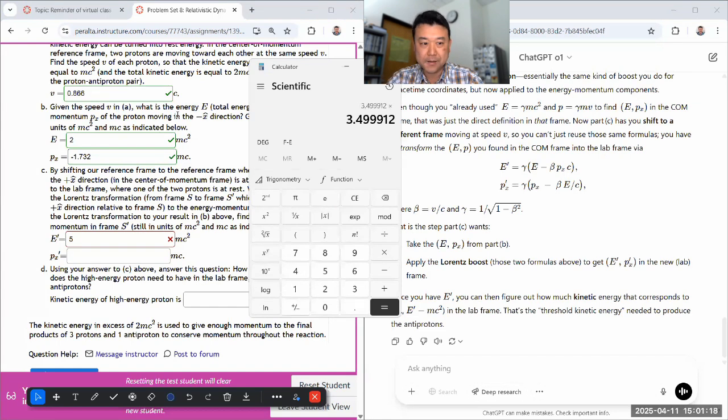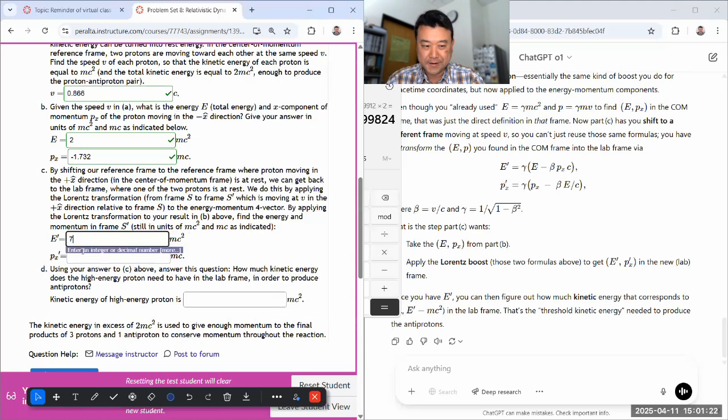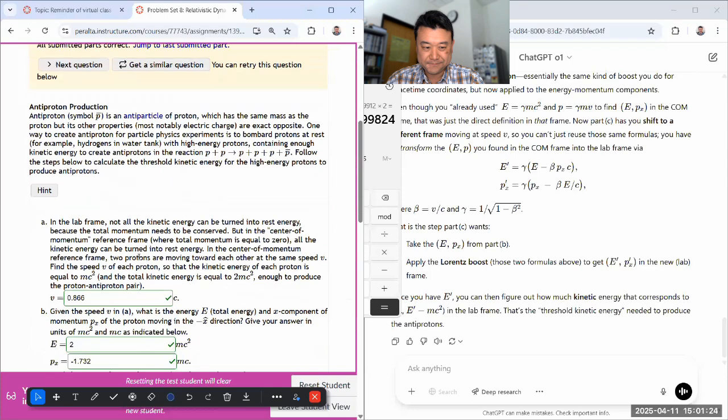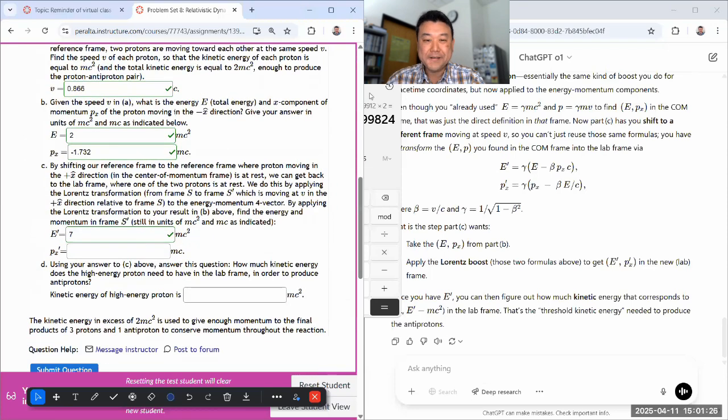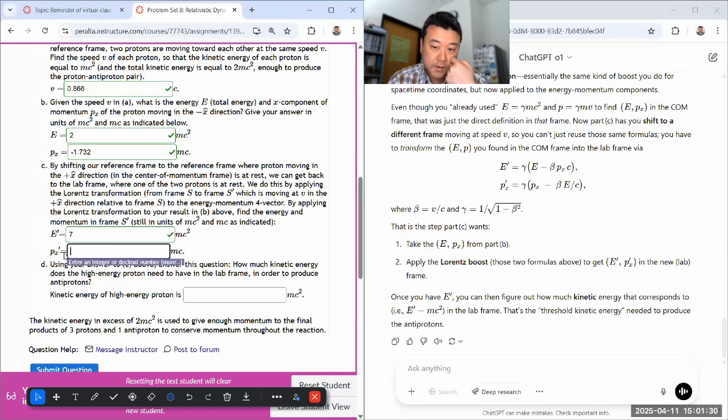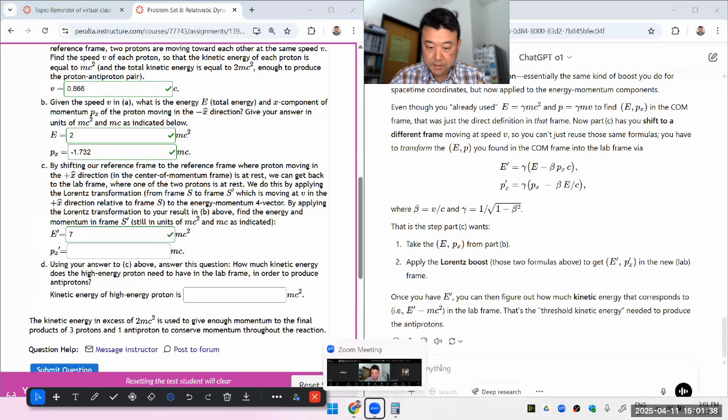And then I'm multiplying the whole thing by the gamma factor of 2, but it should be 7. All right. Good. So once you have that, I guess there are 2 different ways you can find this. You can do this, or let's just do it that way. Yeah, let's see, I got my calculator.